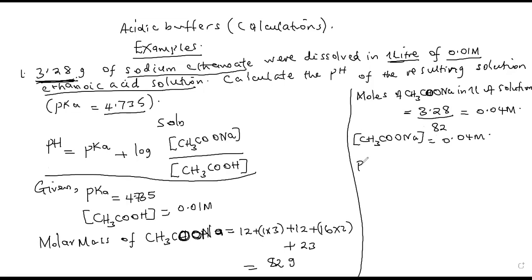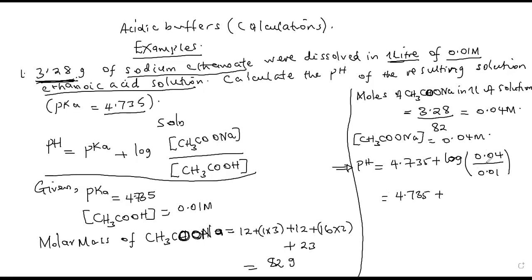So our pH equals the pKa, which has been given directly as 4.735, plus the logarithm of the concentration of sodium ethanoate, 0.04, over the concentration of ethanoic acid, 0.01.